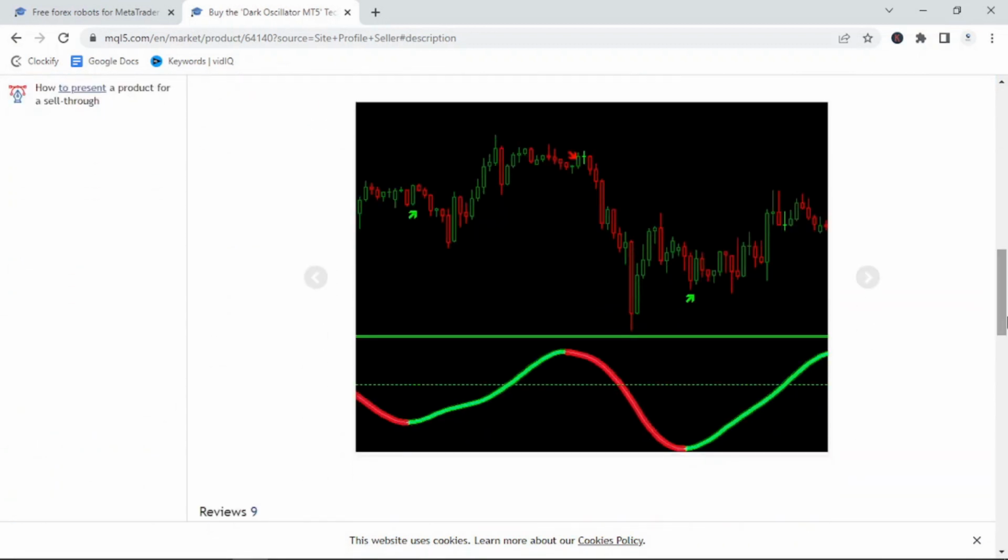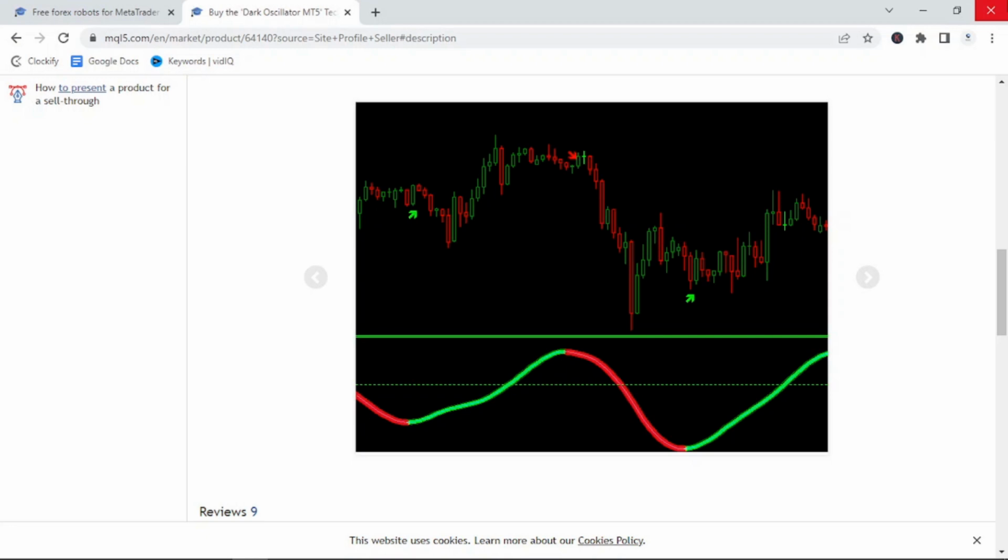If we look at the image for dark oscillator, the 6 different strategies are based around the oscillator, highs and lows of the oscillator, or overbought and oversold, and the arrows. However, for the lowest drawdown, I will be using the arrows.